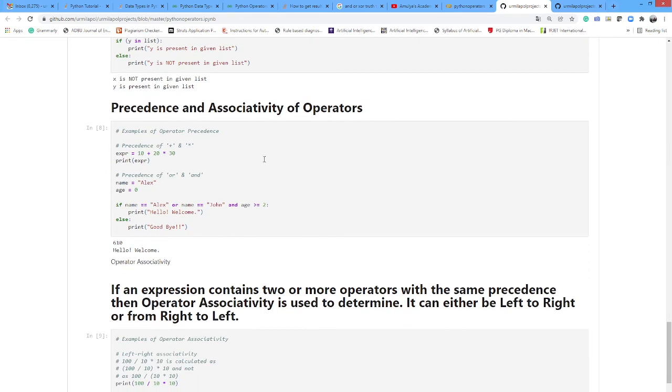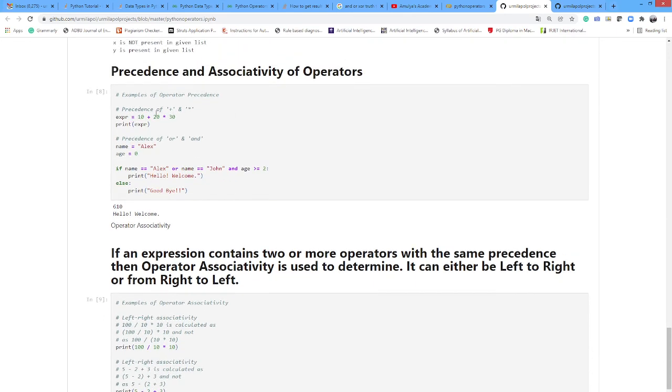Precedence and associativity operators: when more than one operator is in an expression, precedence is required for the execution of that expression. Therefore, for the precedence of plus and multiplication, first it will calculate multiplication, therefore it gives 600 plus 10, 610. And precedence of or: name is equal to Alex, age is equal to 0. If name is equal to Alex or name is equal to John, and age is greater than or equal to 2, print hello welcome.